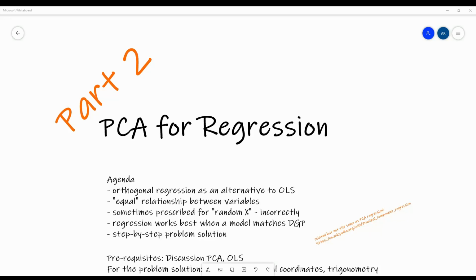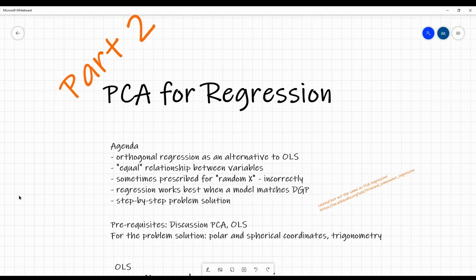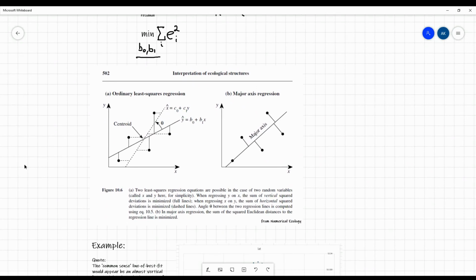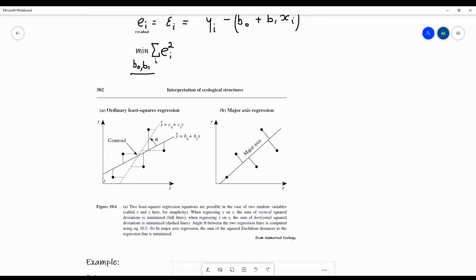This is part 2 of the module on PCA used for regression, and in the first part we looked at the OLS, ordinary least squares regression, and we understood what sort of line fit it would produce and what exactly we're minimizing. We said there is another regression line we could build where we would be minimizing the distances to the line itself, not along, let's say, the y or x axis like in ordinary least squares regression.